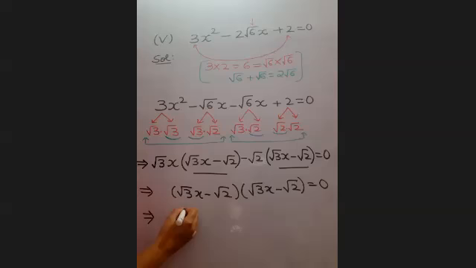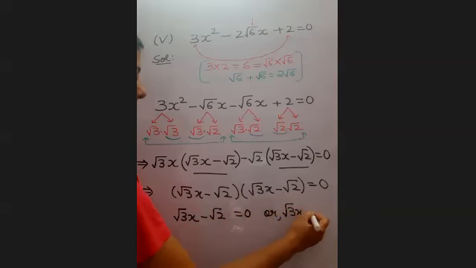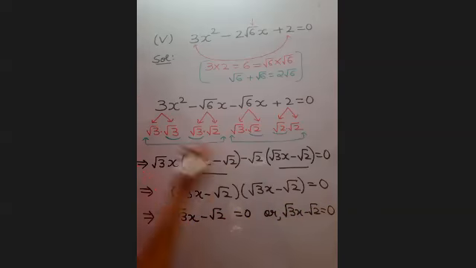So we get root 3 x minus root 2 equals 0. Identical twins.